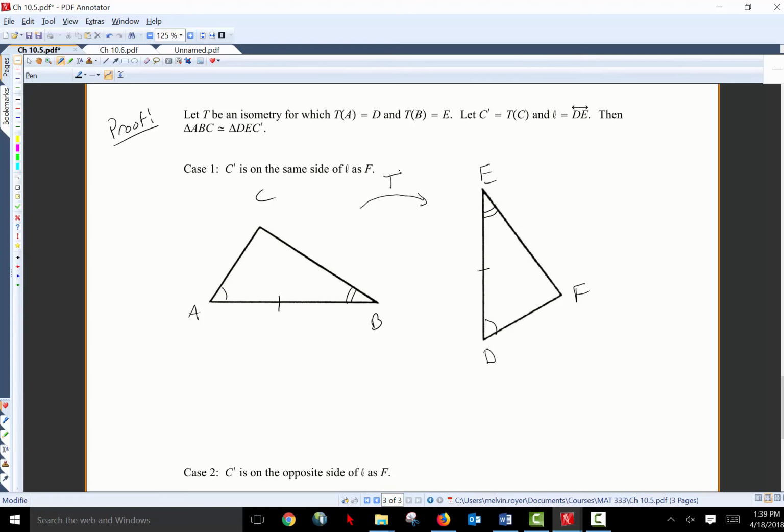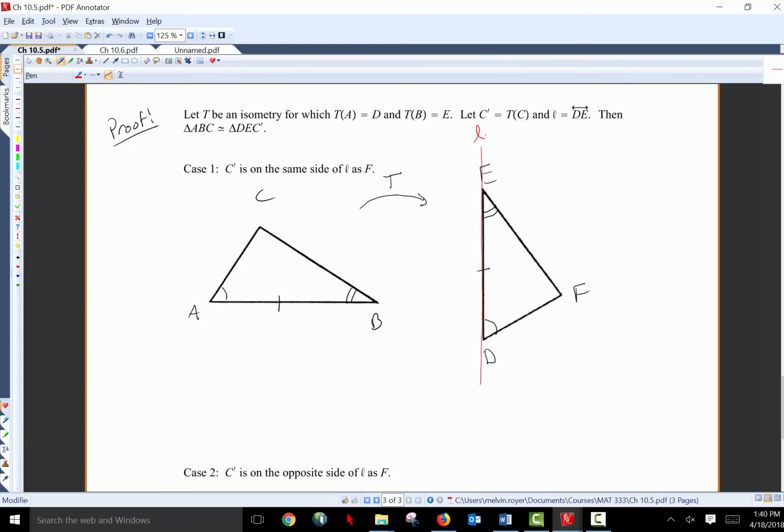And there are two cases. One is that C prime is on the same side of line L. Line L is right here. And C prime, by the way, is not on line L because C wasn't on segment AB over here. So C prime either goes to the left of L or to the right of L.